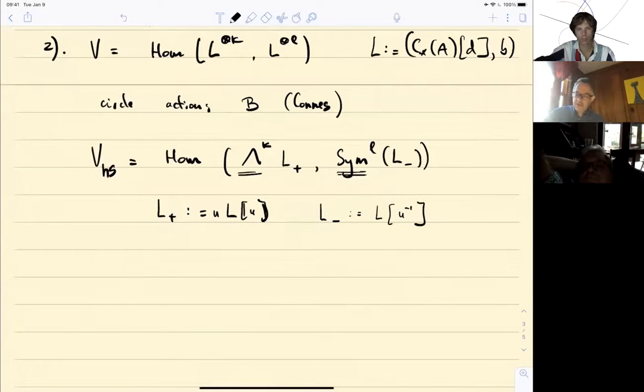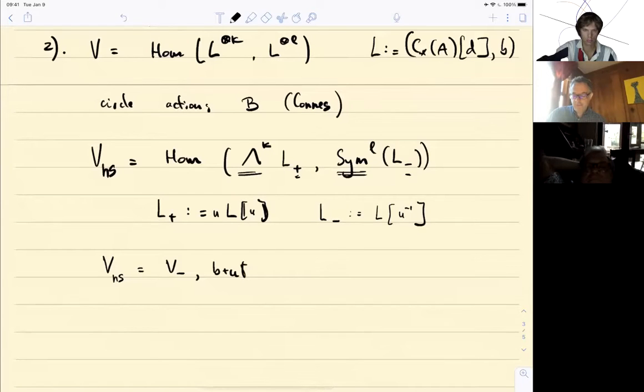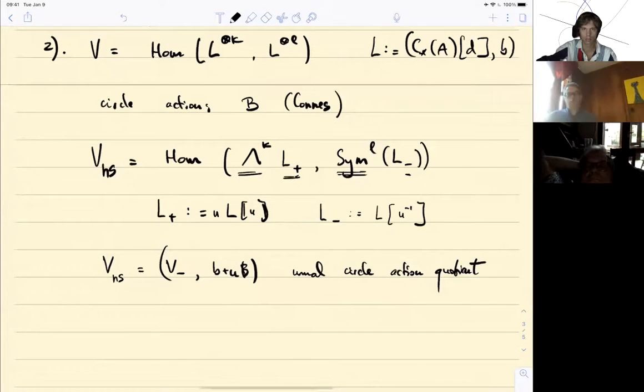The reason I have an L plus here and an L minus has to do with the fact that normally when I take any DG vector space V with circle action, V_HS is V with differential b plus uB. This is the usual circle action quotient. And here this L plus is dual. That comes from the fact that I'm dualizing L minus into an L plus.